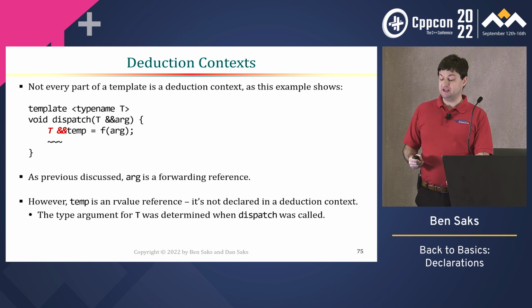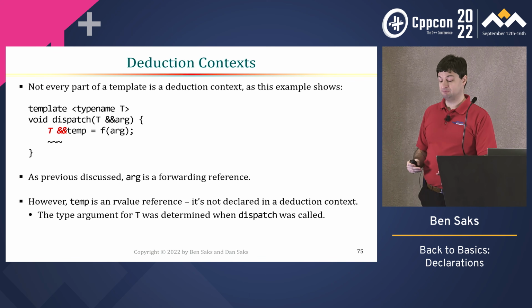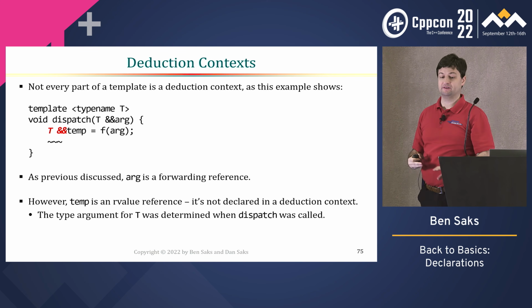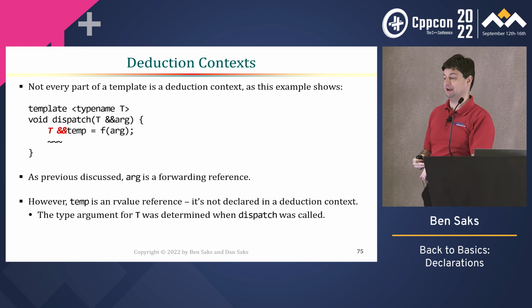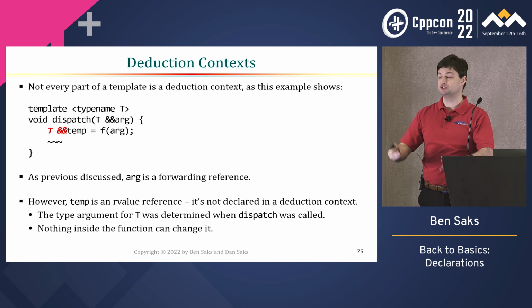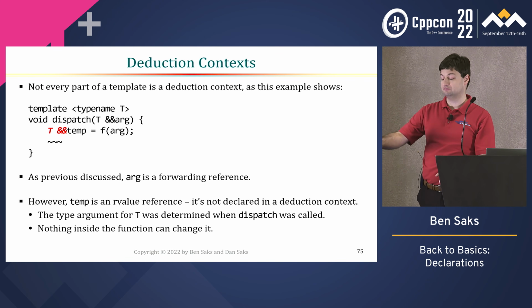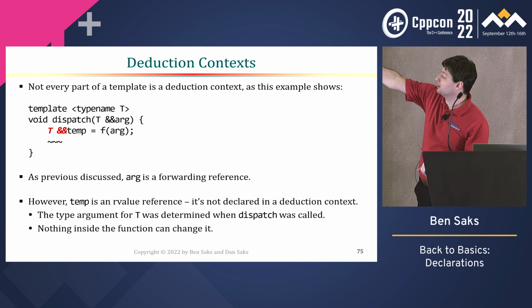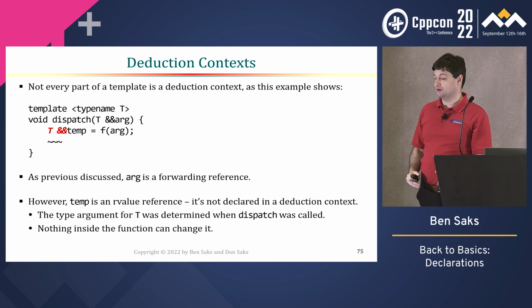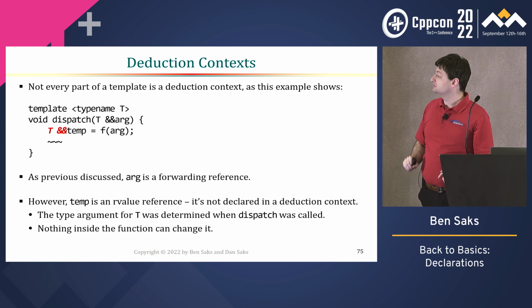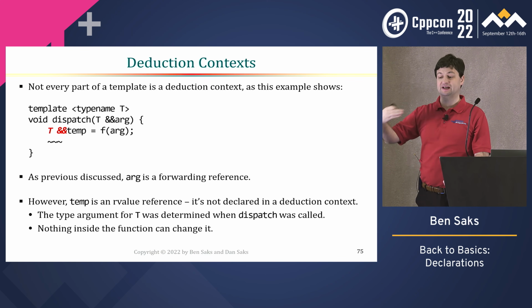The argument for T, the type argument, was set when dispatch was called, by the way that the function was called from the outside. Inside the function, the code in there is not going to do anything to change the meaning of T. So once we know what arg is a reference to, we know that temp is an rvalue reference to that same kind of thing.